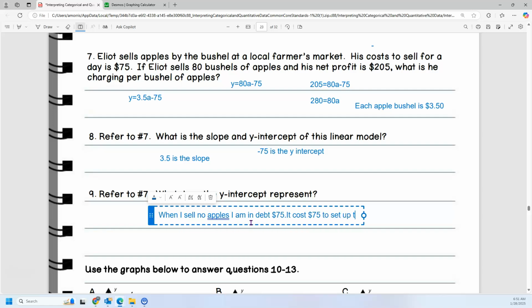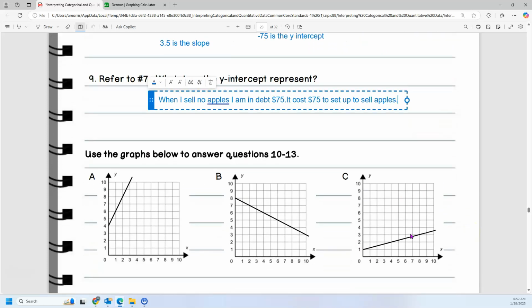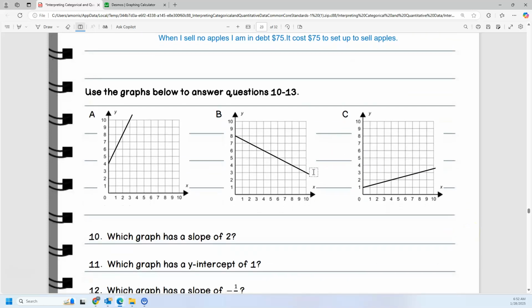So maybe it's $25 to rent a table. Maybe the apples cost me $50. I don't know. But altogether, it was $75 I had to pay before I even sold an apple.